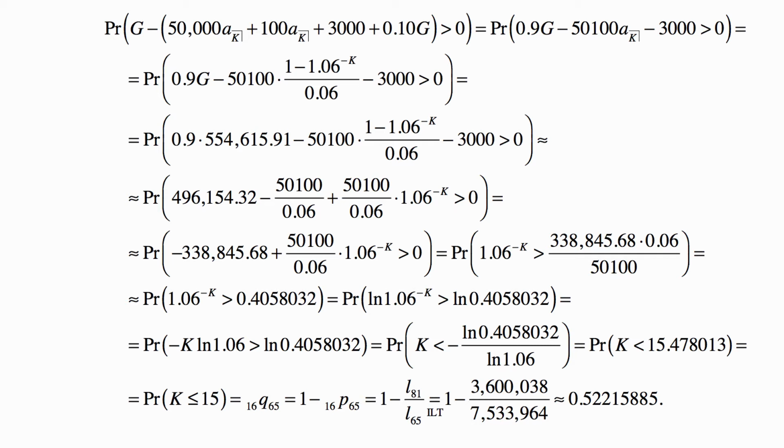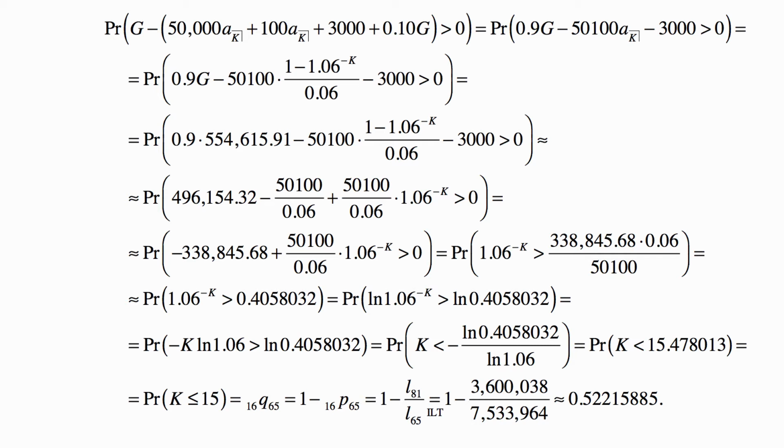And we combine the like terms. G minus 0.1 G is 0.9 G. 50,000 plus 100 is 50,100 a angle K minus 3,000. Then we write a angle K as 1 minus v to the K over i, the standard formula for the present value of an annuity immediate. But we can just write that v as 1.06 to the negative 1.